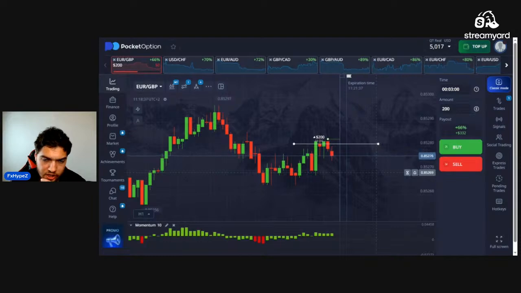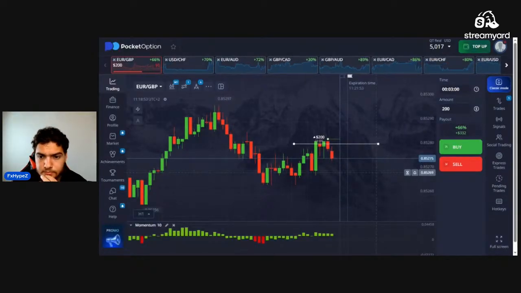Very, very strong rejection. Big drop on the pound as well. Big drop on the pound. Yeah, we're going to need a big candle to form here to save us. We're going to need a very, very big candle.